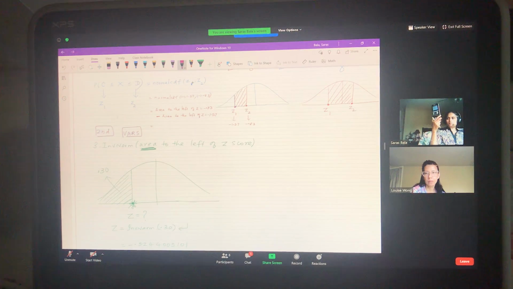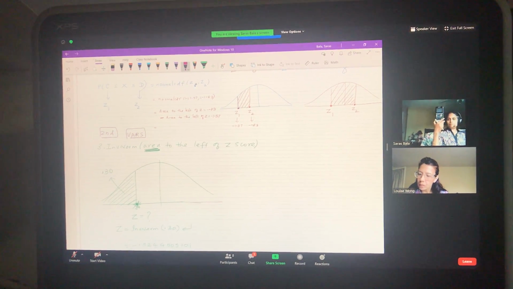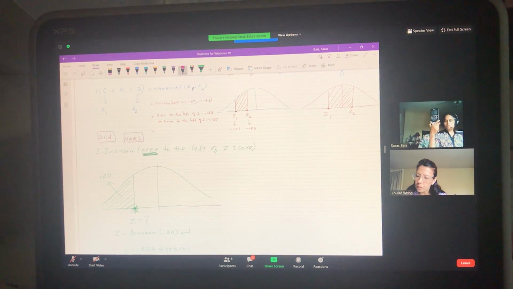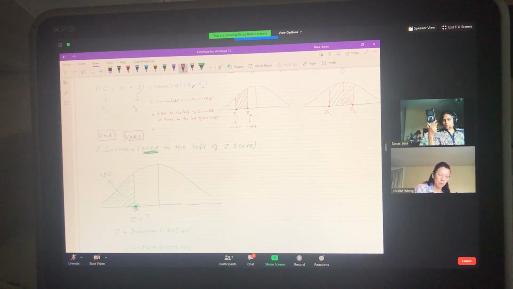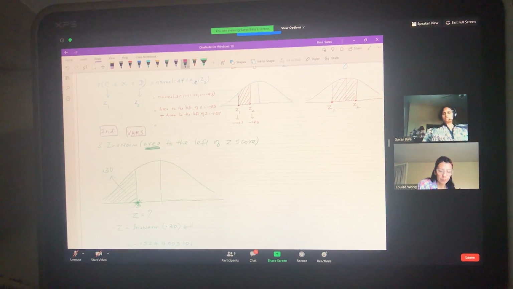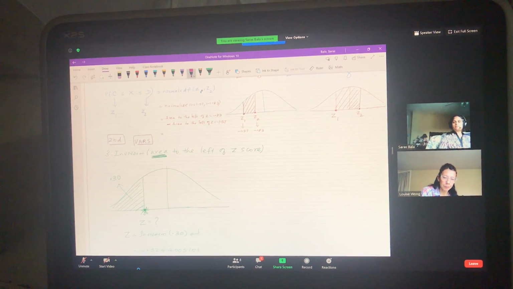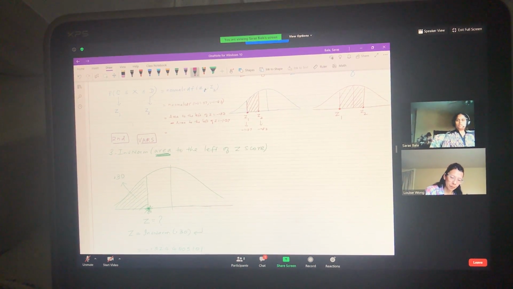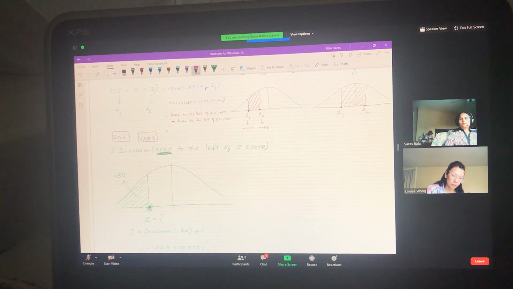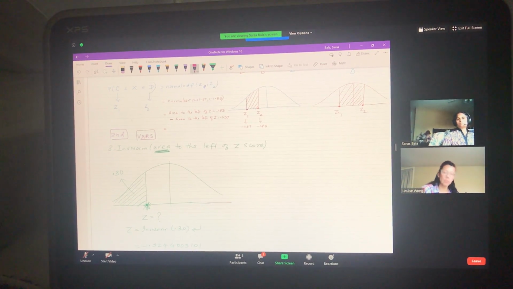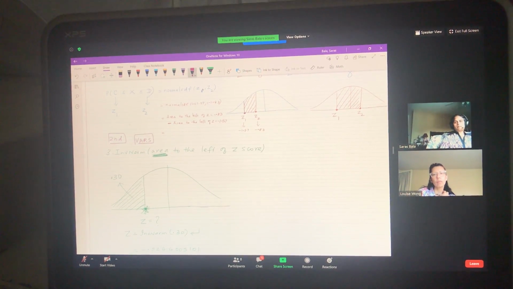Because you're not going to carry this guy all the time. If you do not have this with you and still are asked to do a problem, you can use your Z table, both are going to be identical.